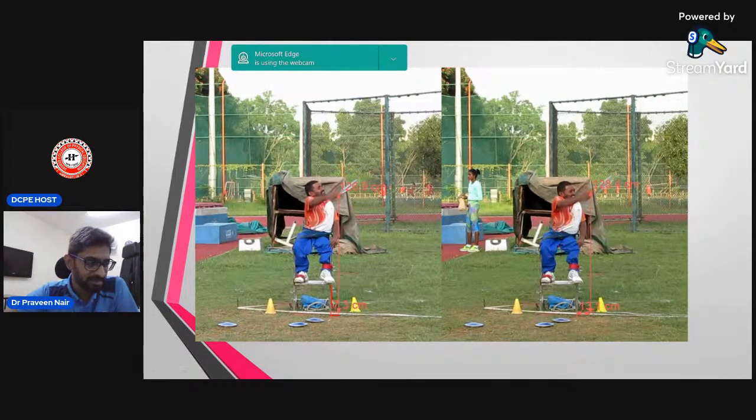Actually, there is a publication. I don't remember the title, but I will share the reference, in which they have given the appropriate frame rate and the appropriate shutter speed according to the speed of the object.